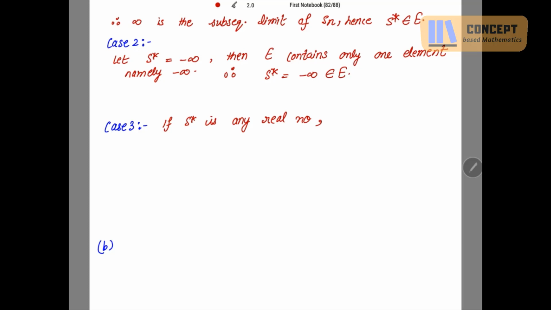Then E will be bounded above. It can be bounded below, it can be bounded above, right? Because now S star is not plus infinity or minus infinity. That means E is now bounded. So let's say that E is bounded above.